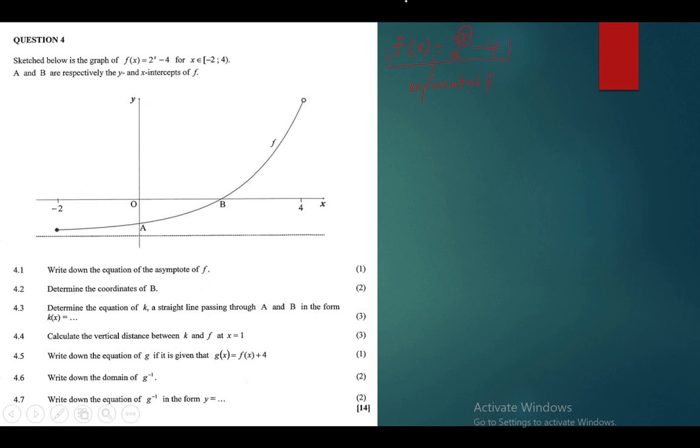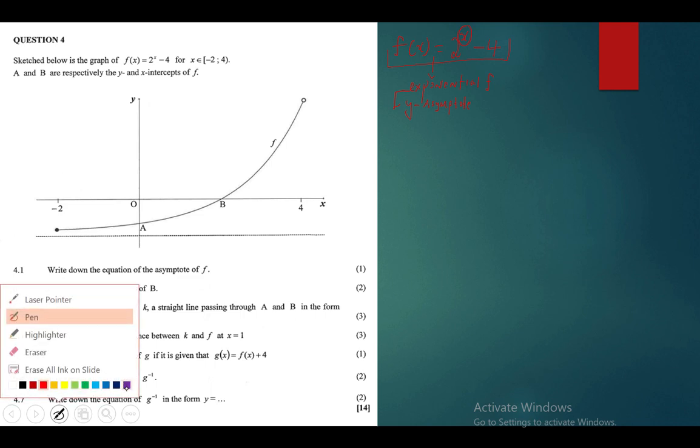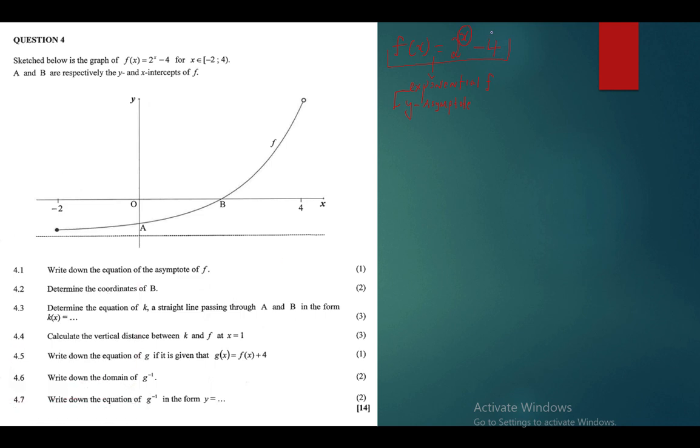And I know that the exponential function has got only the y asymptote, and that asymptote in this case is this number here, this -4. It is your y asymptote.